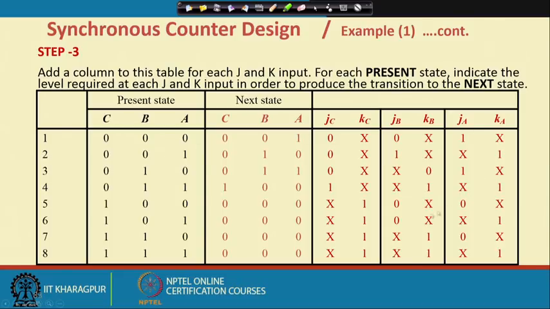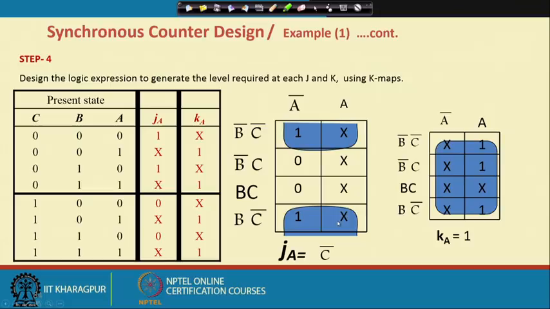This way we fill up this part. This present state, next state is coming from the counting sequence, and once we know the counting sequence, you can derive what control values should be fed to the J and K inputs of individual flip flops to get the appropriate state transition.